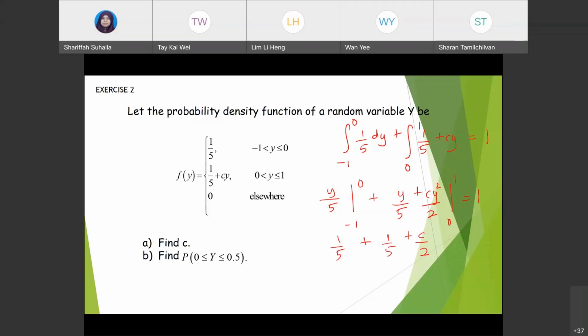So you have 2 over 5 plus c over 2 equals 1. So find c. What is your c in this case? Can you give me the value for c? Okay, 6 over 5.